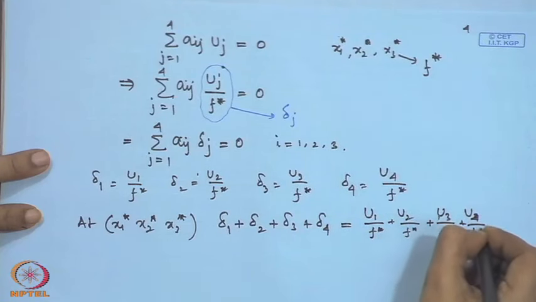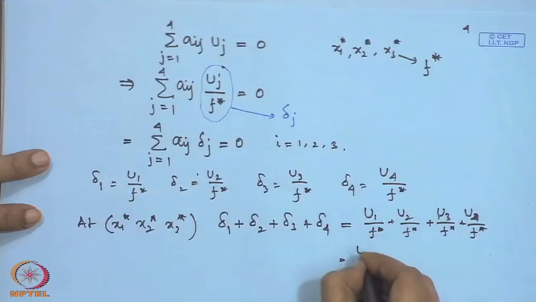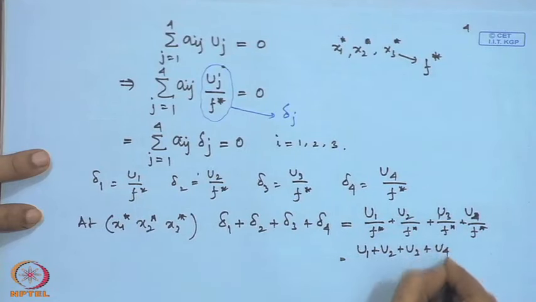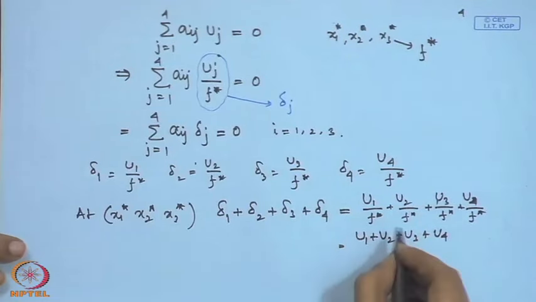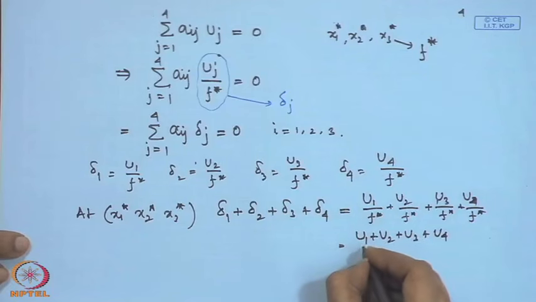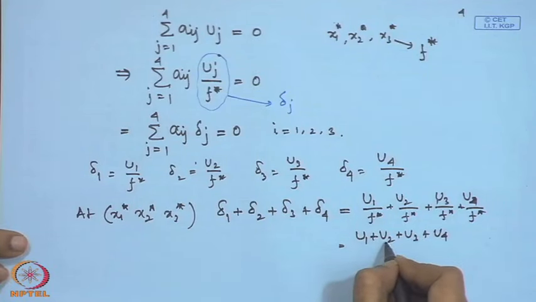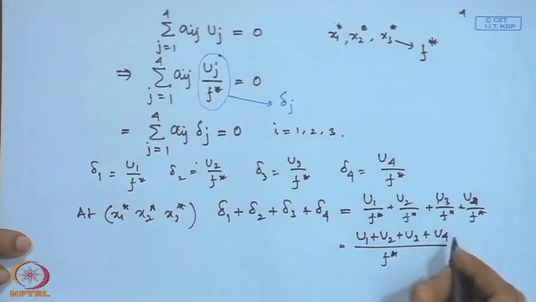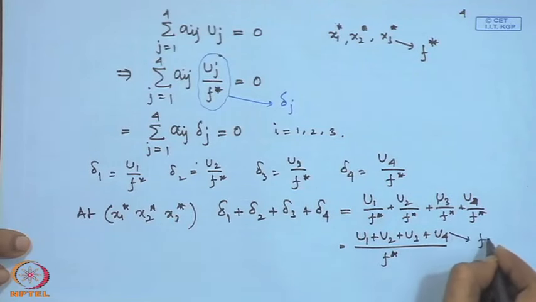If we just write it down, then we see that u1 plus u2 plus u3 plus u4, at the optimal level, we are considering the values of the individual terms of the objective function, where u1 is the first term of the given objective function, u2 is the second term, and so forth. This is equal to f star.